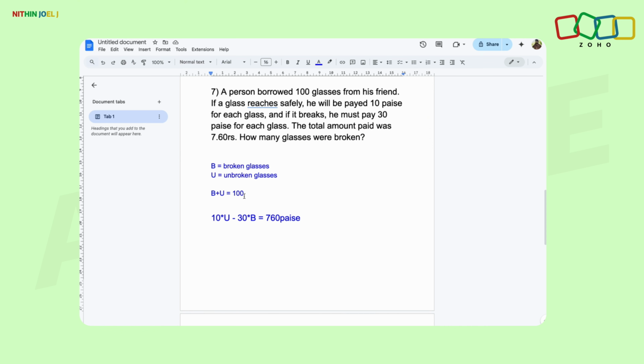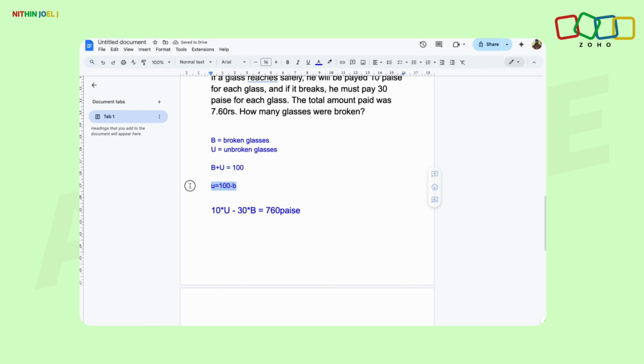So this can be found using the elimination method, rewriting this equation as U is equal to 100 minus B. So now we found the U, right? We just substitute this U over here. So 10 into 100 minus B, minus 30 into B, which is equal to 760.